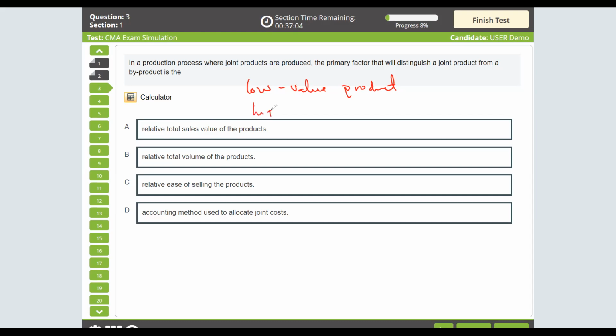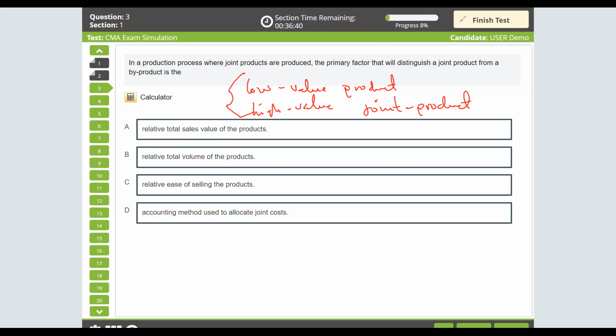Once it is high value, we classify it as a joint product. So the difference is the sales value of the product. If it has a low sales value, it's a byproduct. If it has a high sales value, it is a joint product.